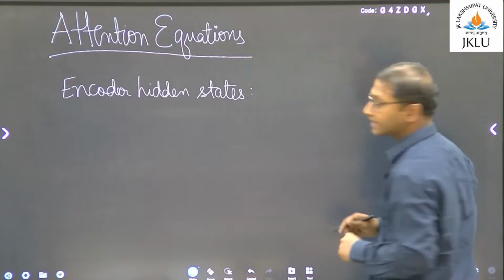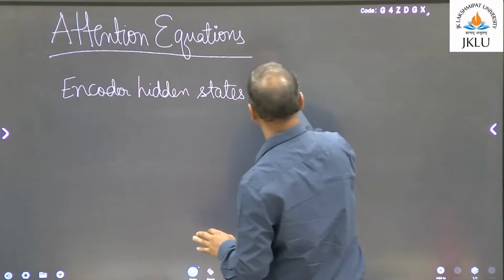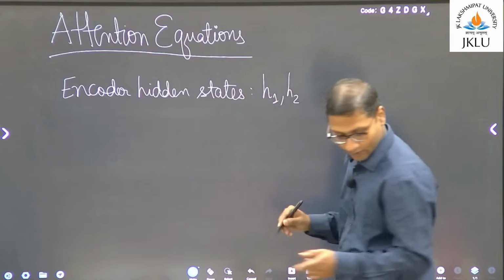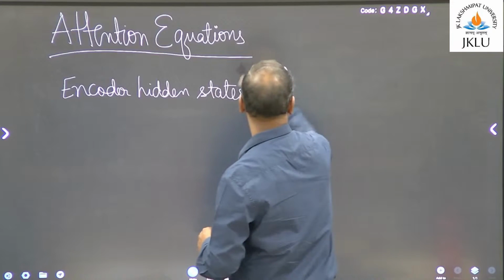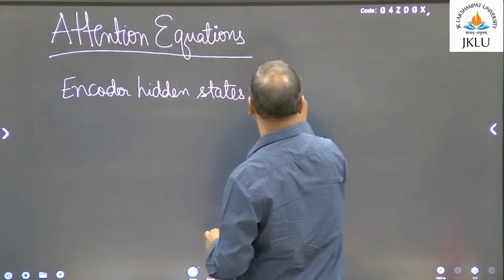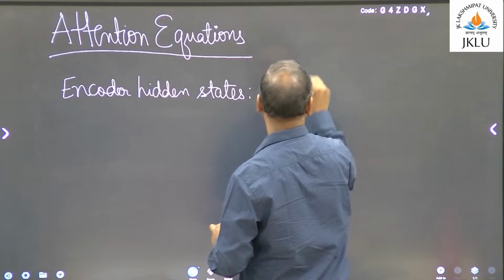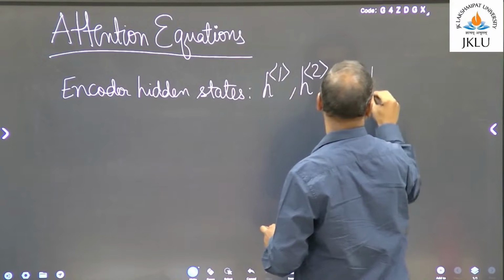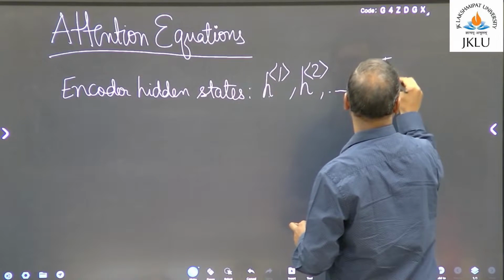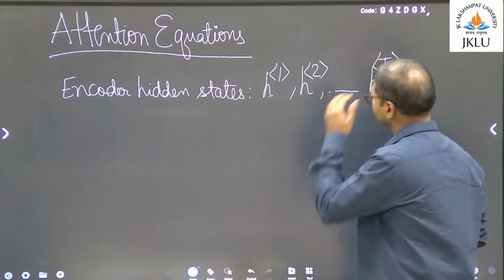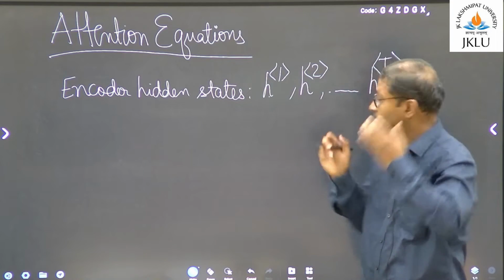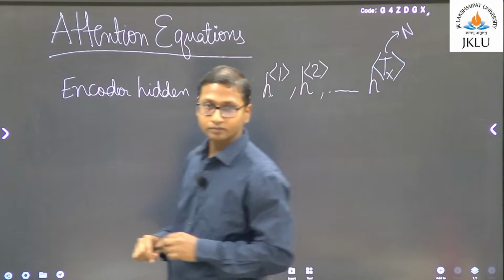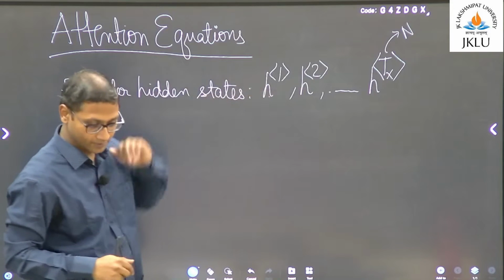So encoder hidden states are H. So H1, how were we writing it? H1, see this is the problem. HTX. Now in the slides they are using N, okay, and they are using subscript.